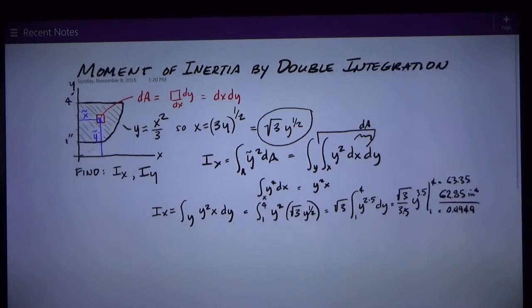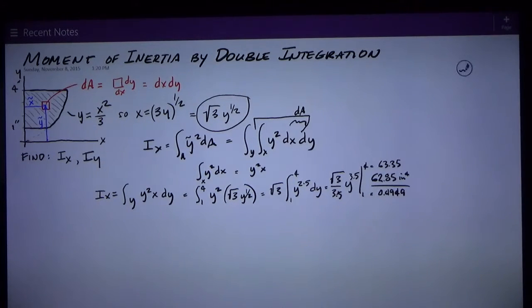Now we need Iy, and we can repeat that process, except the equation for Iy is slightly different. It's equal to the integral over the area of x squared dA. Once again, we keep the y on the outside and the x on the inside, so that's the integral with respect to y, integral with respect to x, of x squared dx dy. It looks very similar to the other one, except we have an x squared in there, which we've been calling x tilde.